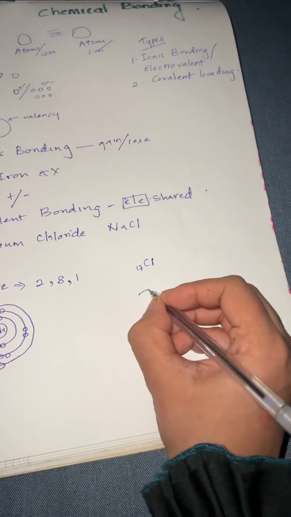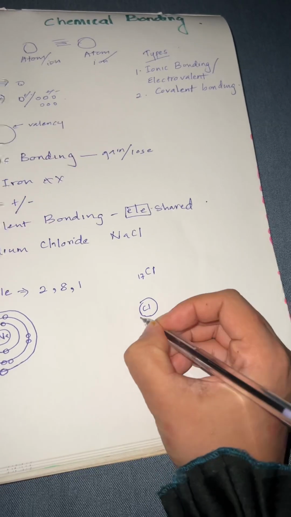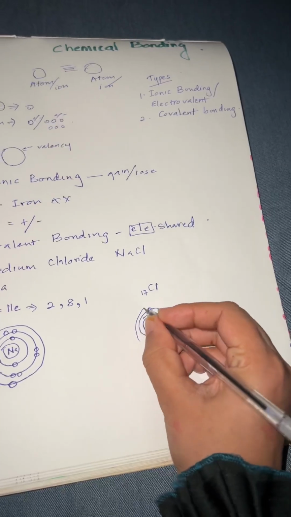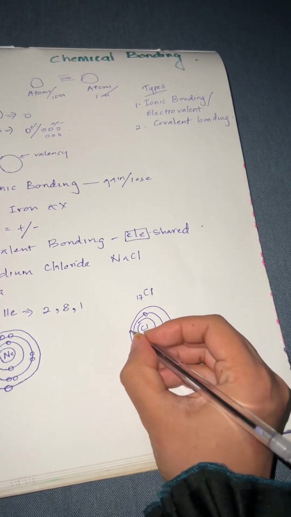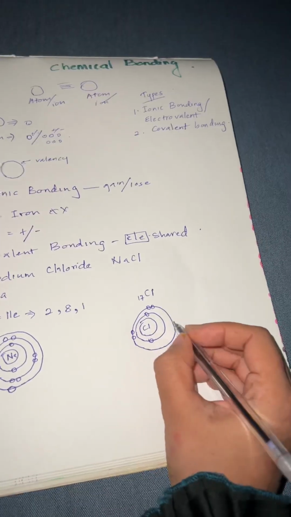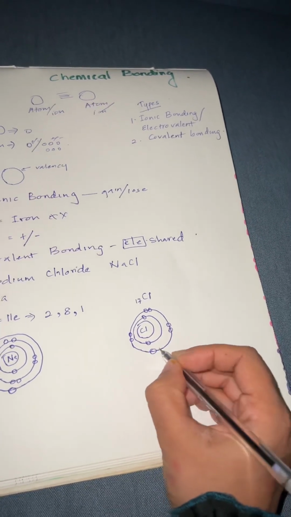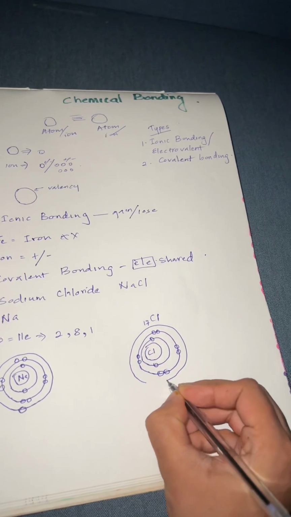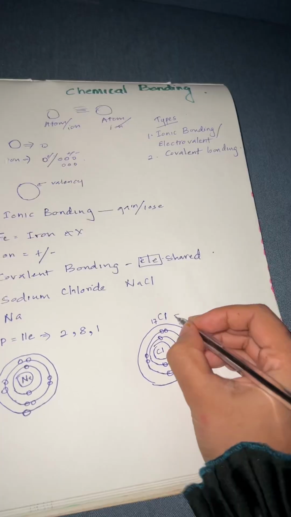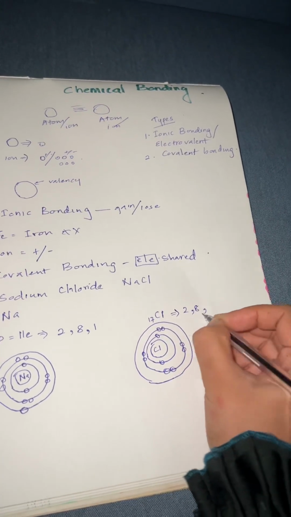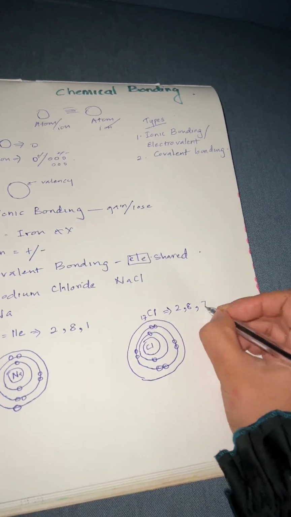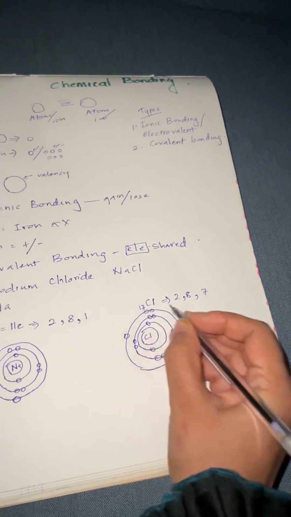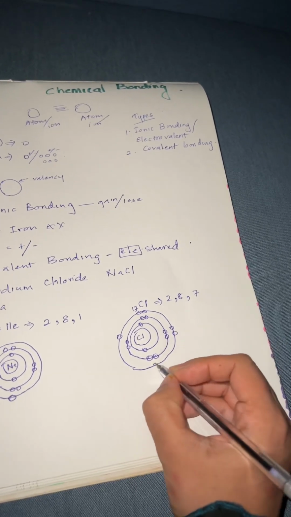So it would be Cl, 2 electrons in the first shell, the second shell can hold up to 8 electrons, 2, 4, 6, 8, and the third shell: 2 plus 8 is 10. To make 17, we have 7 more.